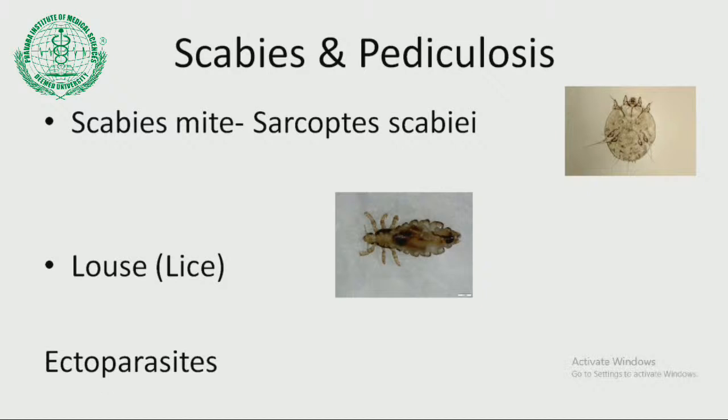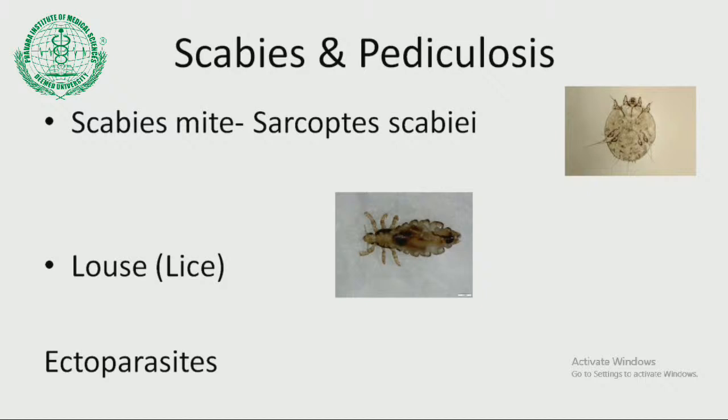So these kinds of parasites are known as ectoparasites. Of course, if they are carrying a particular microorganism with them, they will cause the problem, but that will be an accidental thing.